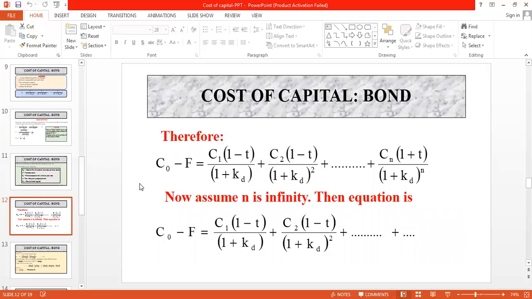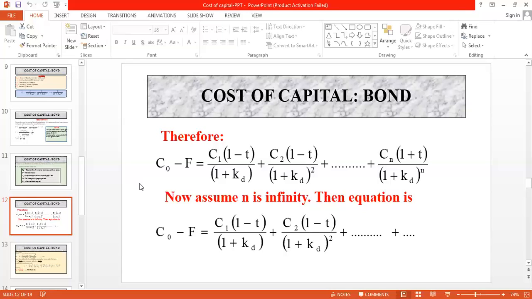Now what we are doing here, just see on the left hand side. Previously, we considered C0, that means the issue price of the bond. Now we are considering the net issue price that we are getting from the bond. So it will be C0 minus F. On the right hand side, we are multiplying 1 minus T with each year's cash flow, meaning the cash that we are paying as interest.